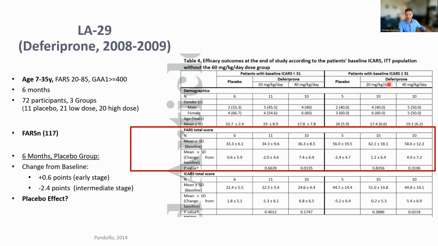And in the results table, they split this even up into early patients, ICARS less than 31, or late patients, ICARS higher than 31. And you can see the placebo response here in the early patients. And again, I say placebo response. The change from baseline in placebo was 0.6 points. And in late patients, it was minus 0.4 points.